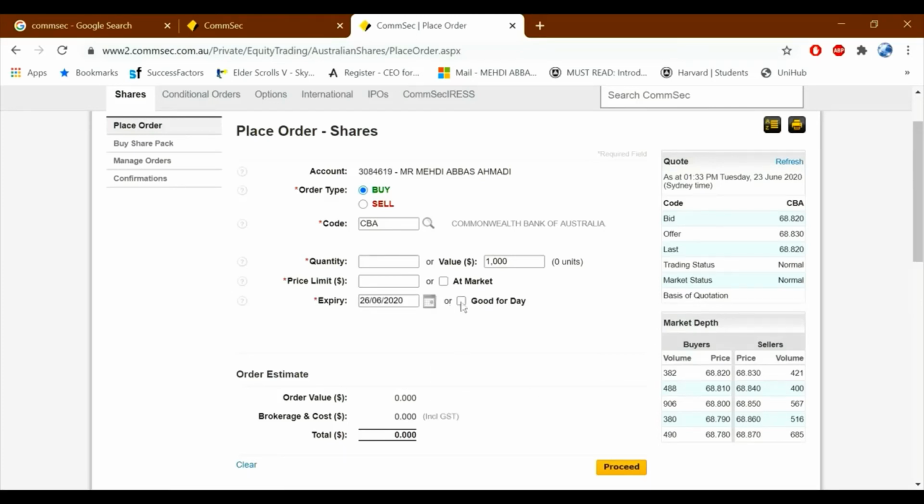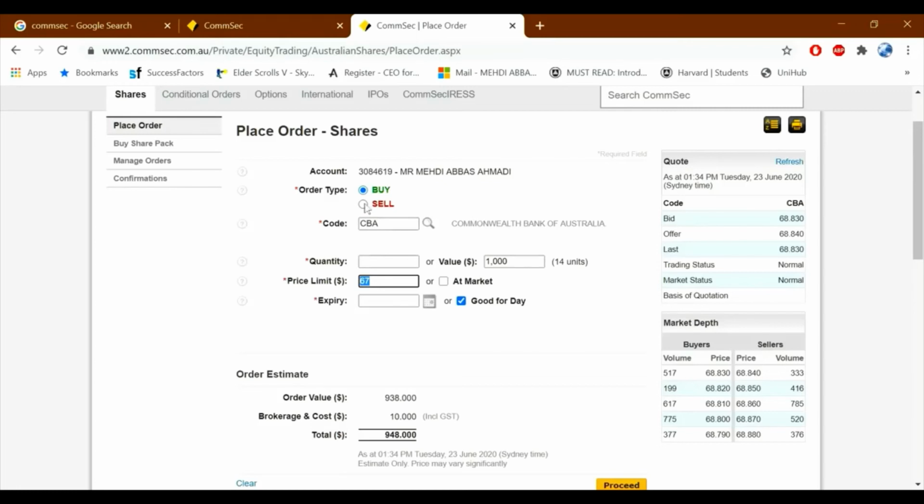After Friday, if it doesn't meet $67, CommSec is going to cancel the buy order, so you don't have to worry about it sitting there unfilled. Or you can just go good for the day. If it reaches that price, it will fill the order, but if it doesn't, it's going to cancel at the very end of the day.